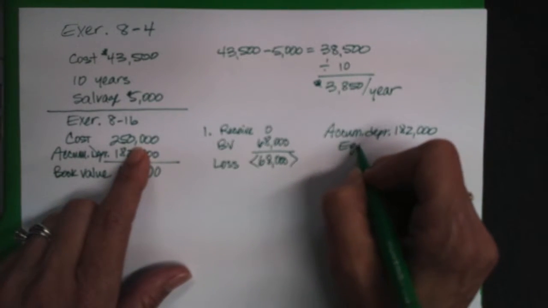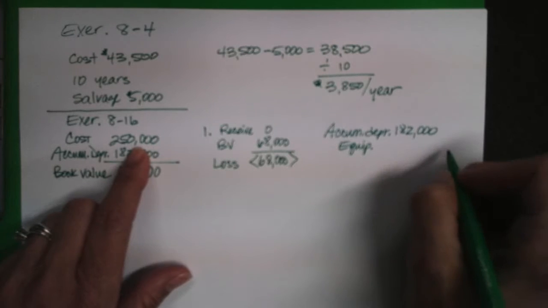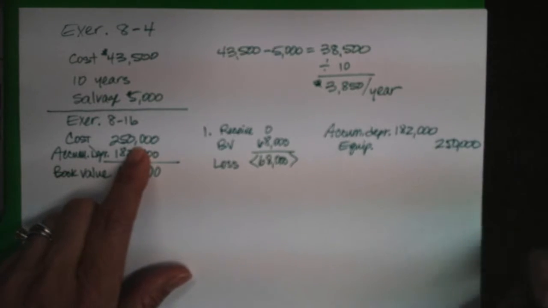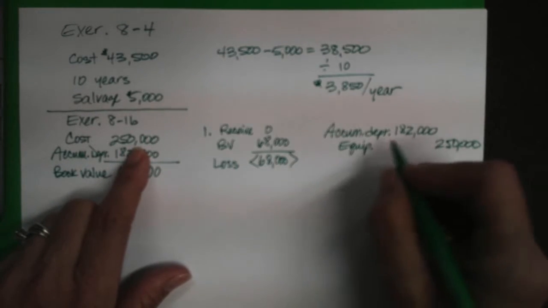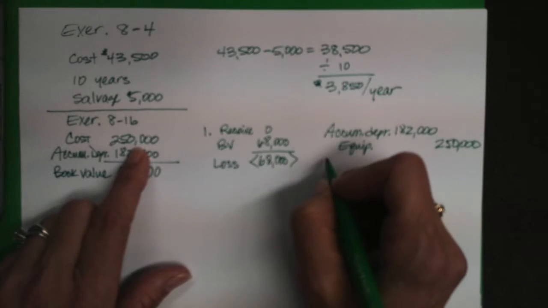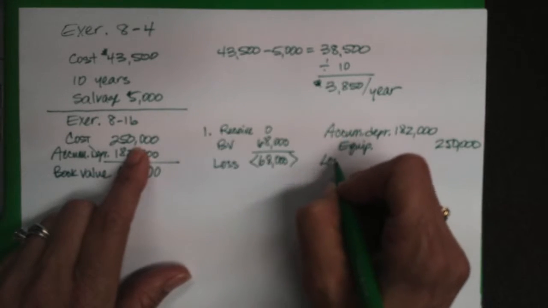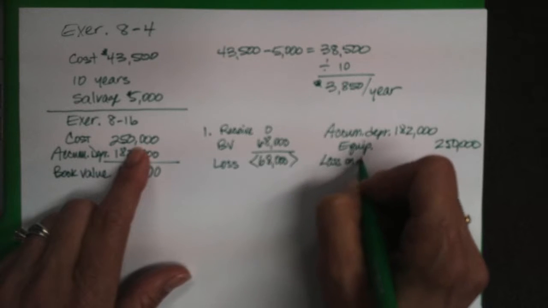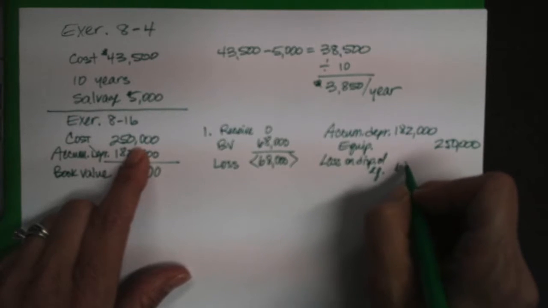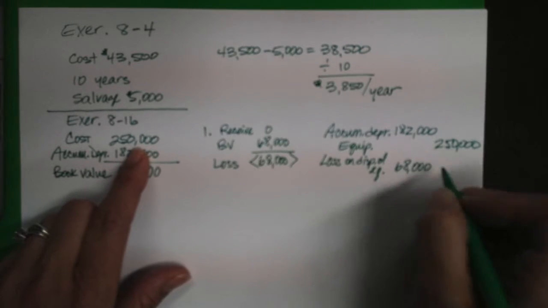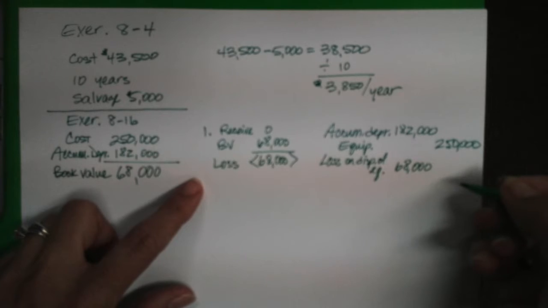I've got to get the equipment off our books. We didn't bring in any cash or anything for it. So to balance this entry, I have to record loss on disposal of equipment, $68,000. There's my balanced entry.